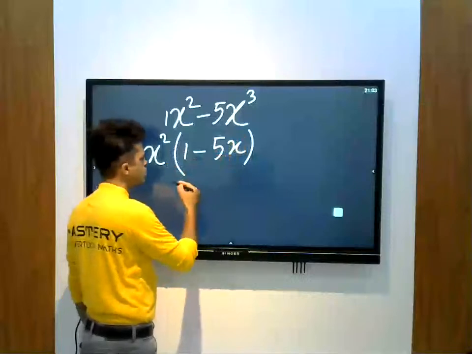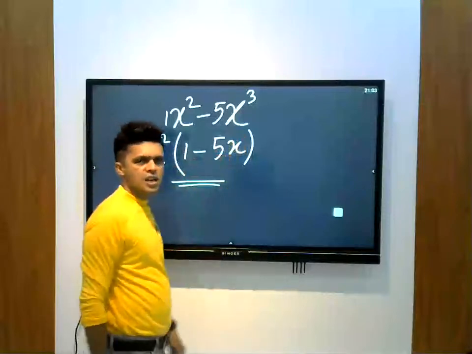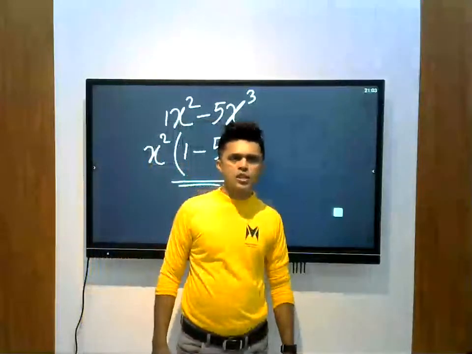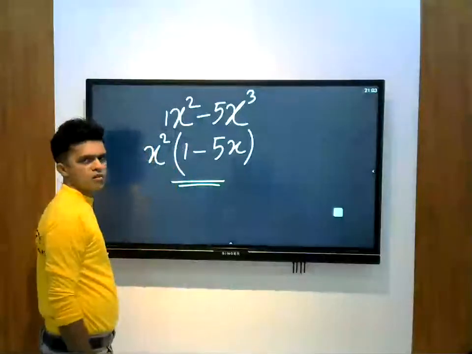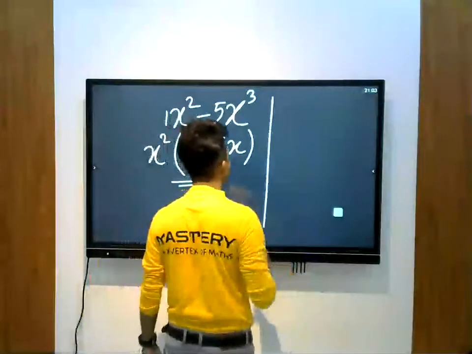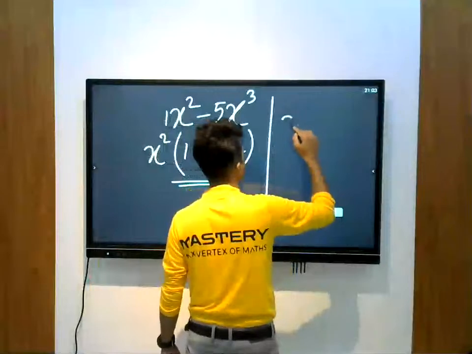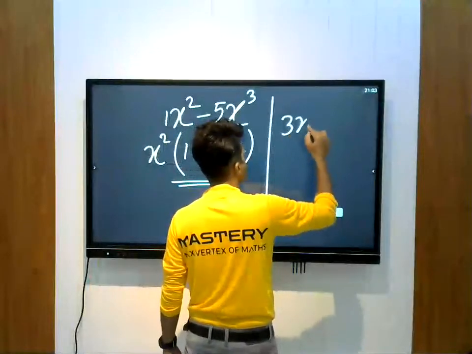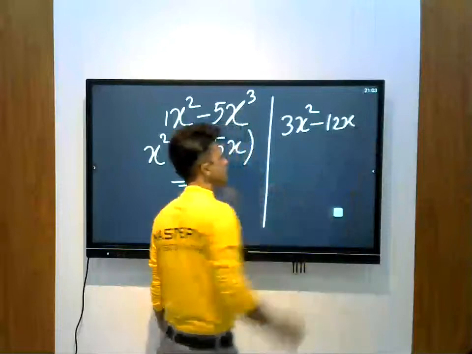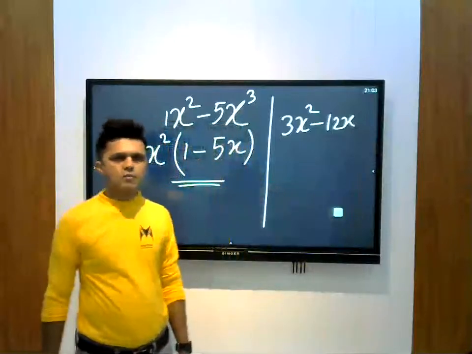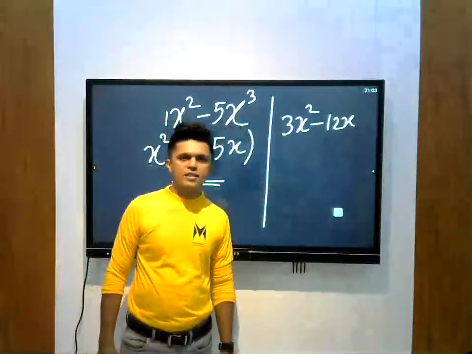X squared into 1 minus 5x are the factors of x squared minus 5 to the power 3. So this one, 3x squared minus 12x. What is the term that you get as the common factor?